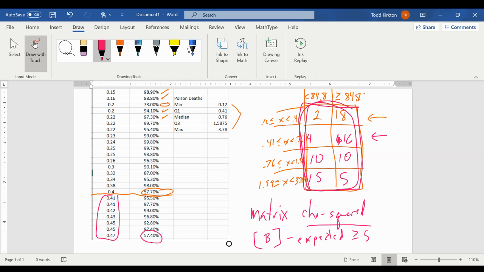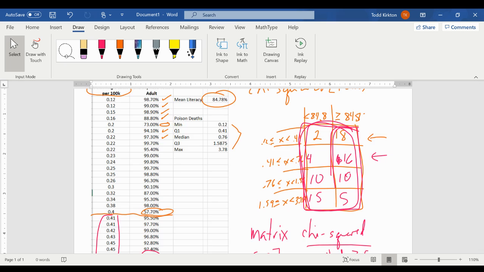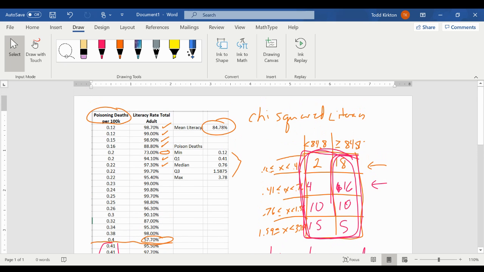Now you guys have enough data that I'm guessing you're probably going to be okay, but in some cases the data is really bunched up. Like if you notice, it's heavy on the above the mean over here. So maybe the easier change would be, instead of using the mean for the literacy, you would use the median.